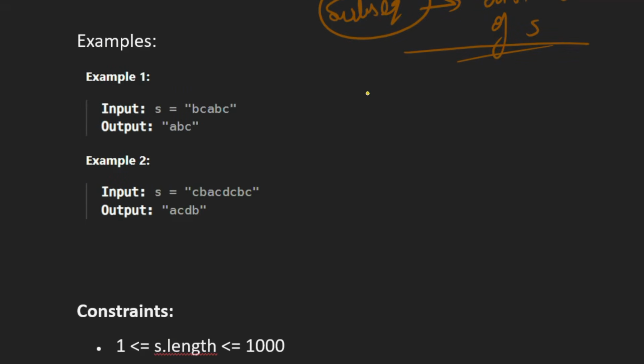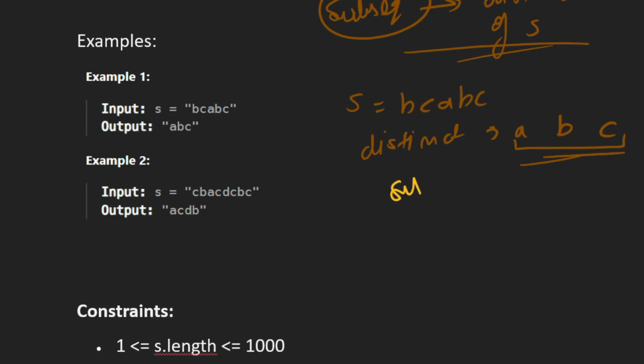In the first example, our string is bcabc. So what are the distinct characters? The distinct characters are a, b and c. Now in what order should we arrange a, b and c such that the subsequence that we get is lexicographically smallest?